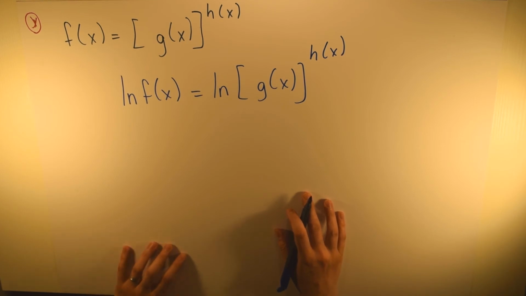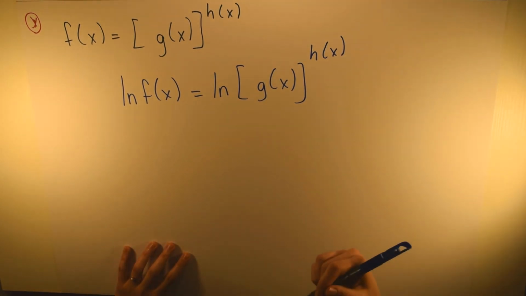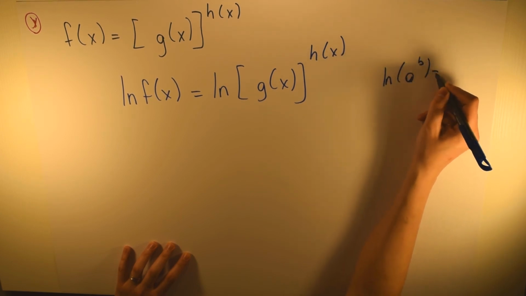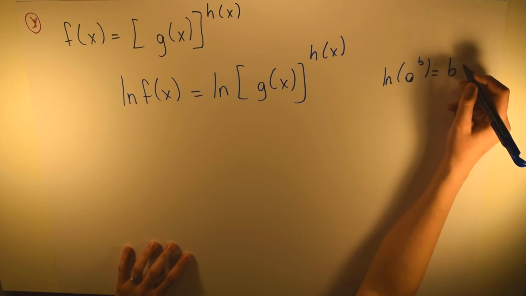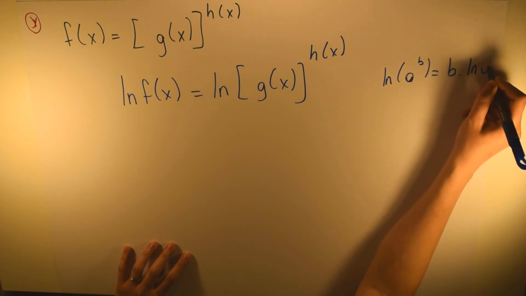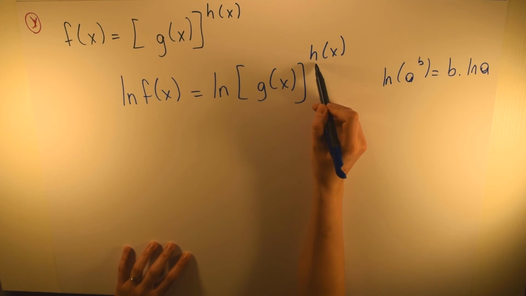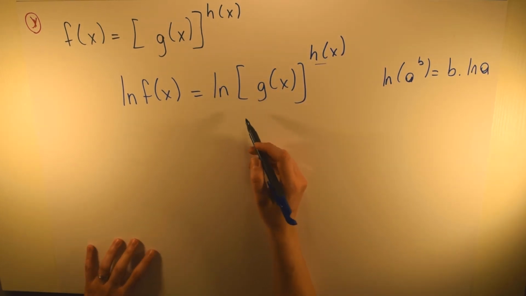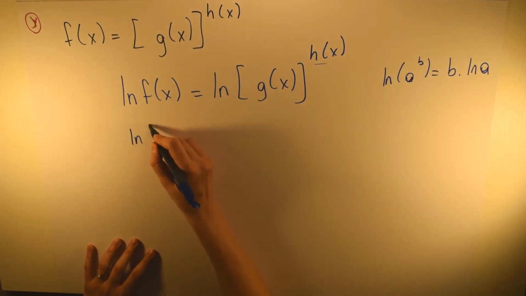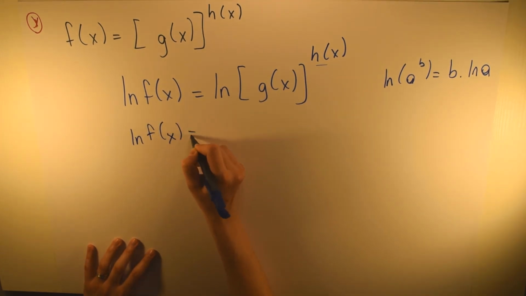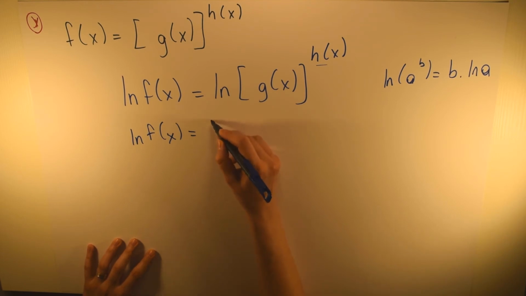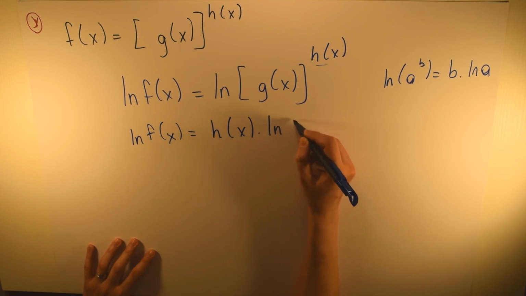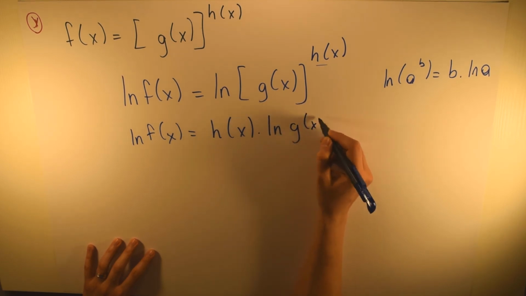From the logarithm rules, I know that ln a to the power of b, I can write as b times ln a. So here this h of x, I can put in front of this natural log. Let's do that. So ln f of x is equal to h of x times natural log of g of x.